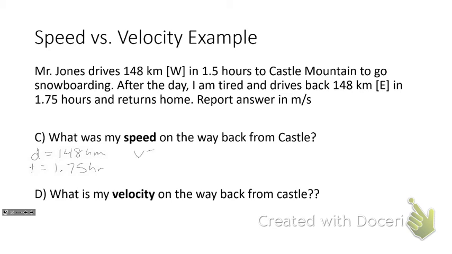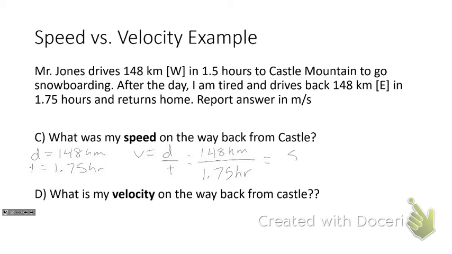So speed is d over t, which is 148 kilometers divided by 1.75 hours. And I know those are in different units than meters per second, but we know our conversion factor now to easily go from one to the other. So 148 divided by 1.75.